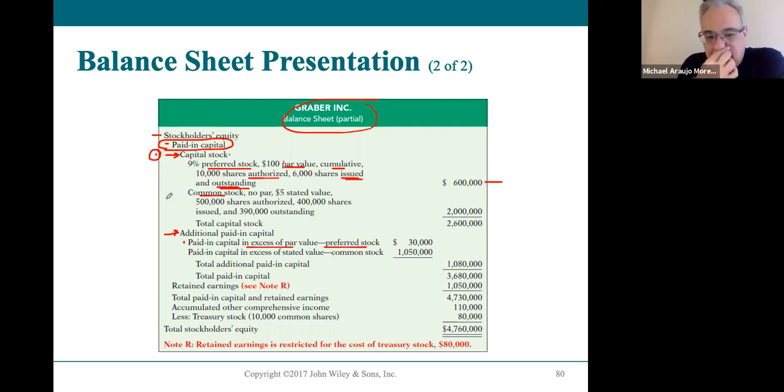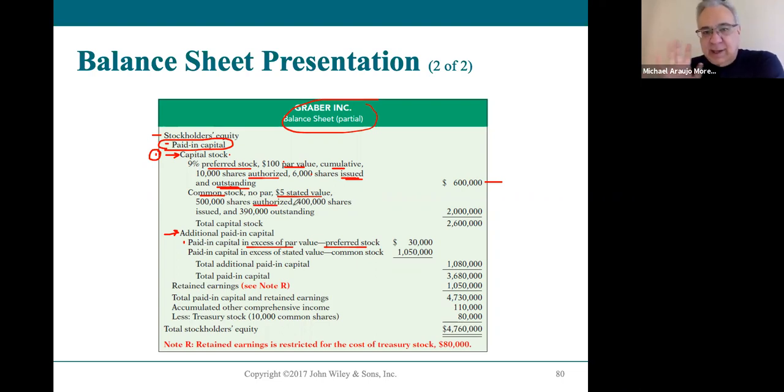The second thing they show is common stock. This common stock is no par common stock. However, they have put a $5 stated value on it. Again, for accounting purposes, stock should have either a par value or a stated value. Okay. Why? Because we can value our capital stock. 500,000 shares authorized.